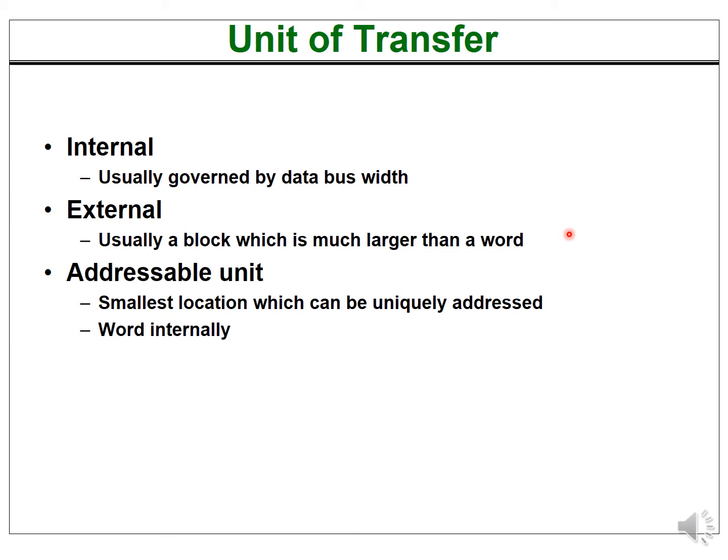But if I have 1 terabyte of memory and my computer is a word addressable computer, it means that although my computer will handle the data in terms of words, the smallest addressable unit in memory will still be the byte, right? But if I talk about the computer's end, then the addressable unit will obviously be the word. Why? Because your computer is accessing the data in terms of words.